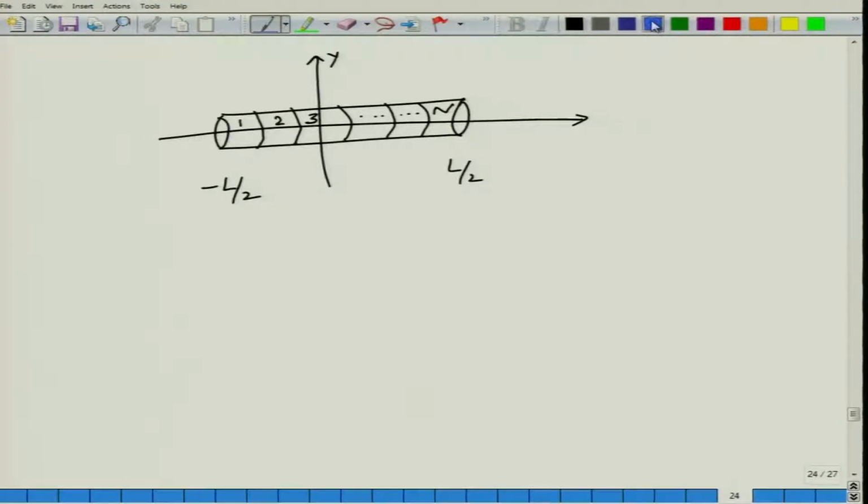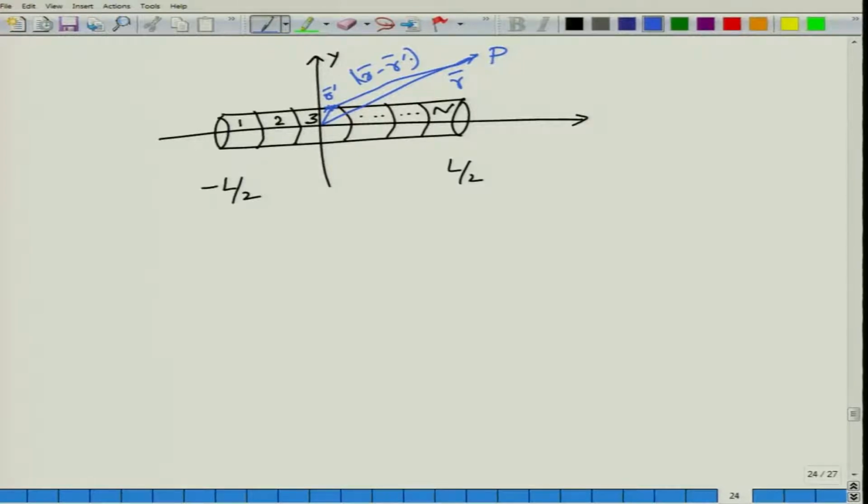At any point, for example, if I want to find out the potential at the point P marked here, there is a certain position vector to this which is r. If I consider the charge on a particular section, there will be N number of sections over here, the charge itself will have a certain position vector r prime, and from the charge to the point P will be the joining vector r minus r prime.